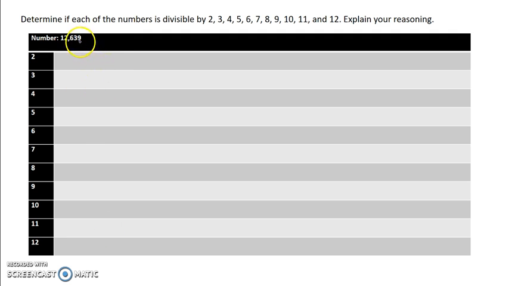I'm going to look at the last digit. The last digit is 9. That's not even, so no. It's not divisible by 2.